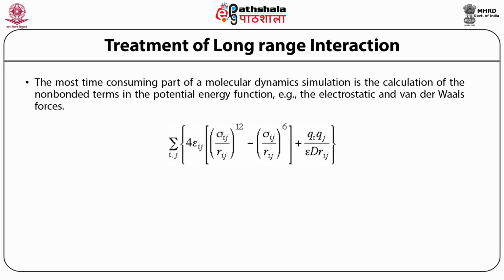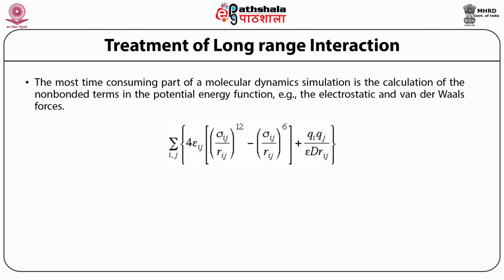As you very aptly understand, van der Waals forces have very short range interactions, and as I have shown you in earlier plots, van der Waals forces die down within maybe 5 angstrom to 8 angstrom.